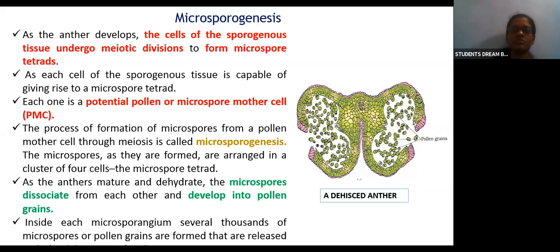Microsporogenesis. As the anther develops, the cells of the sporogenous tissue will undergo meiotic division to form microspore tetrads. What is a tetrad? Four cells together, we call it a tetrad.